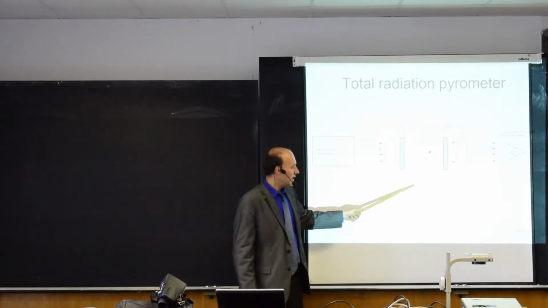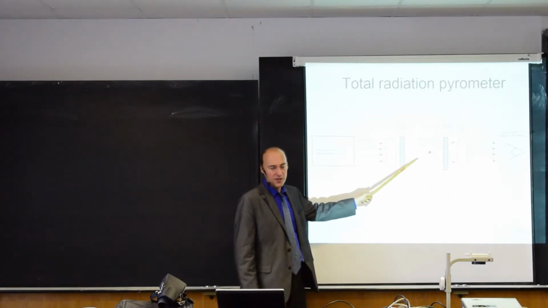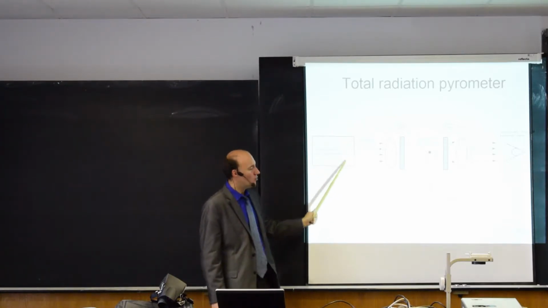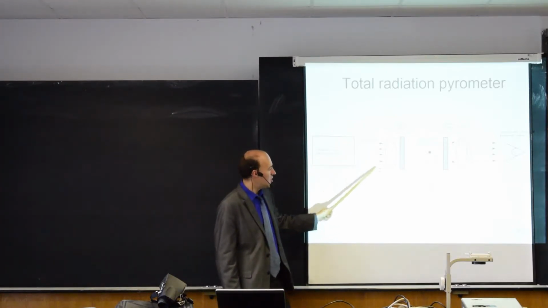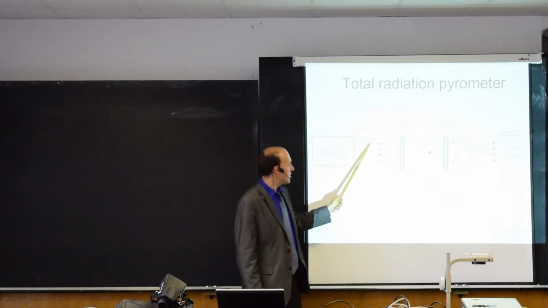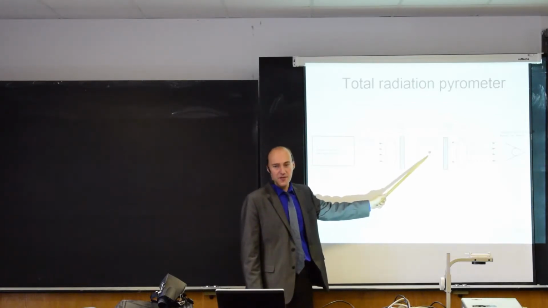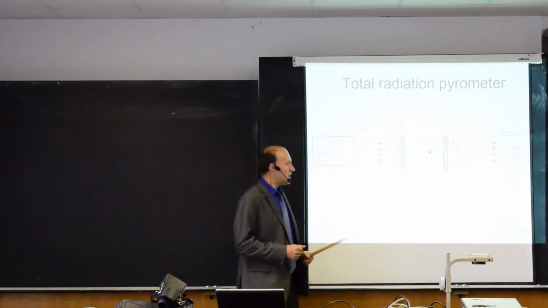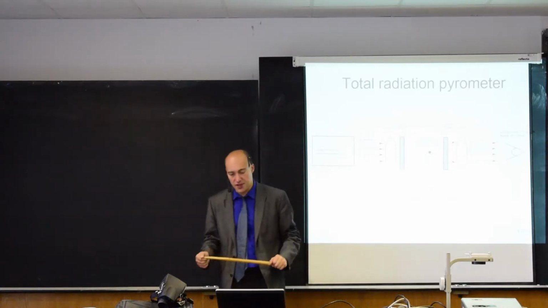We can read directly the temperature from the temperature sensor, and it's clear that when this object will be warmer, then radiation will be larger, and here the temperature will be higher. So this is calibrated directly in centigrades, and we will read the temperature from the object.